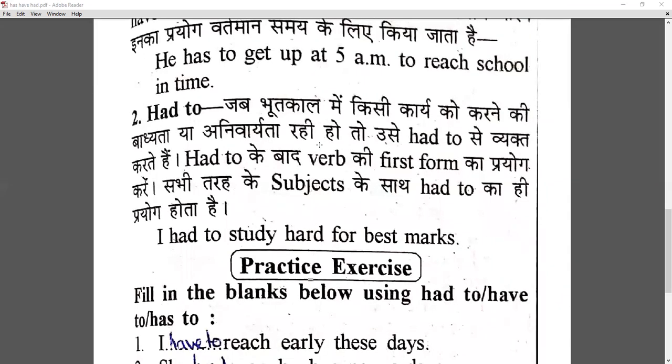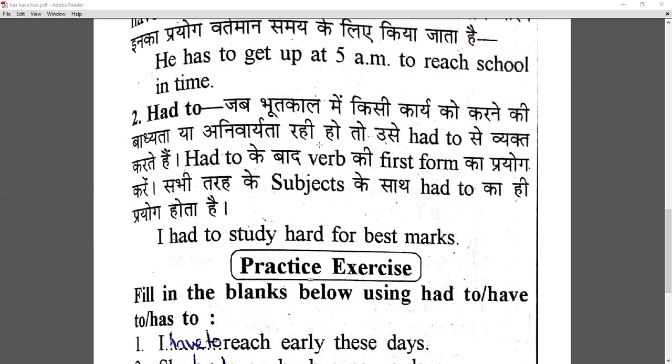Had to is a past. जब भी आप कोई वर्क जो past का कर रहे हो उसको express करना चाहते हो तो you have to use had to. Had to के बाद में you are going to use the first form of the verb and all kinds of subjects जो होते हैं उनके साथ में आप इसी का ही use करते हो, that is had to. Any kind of subject, does not matter it's first person, second person, third person, singulars, plurals, it can be anything, but कोई भी subject हो, बस the thing is talking about past, you are going to use had to.